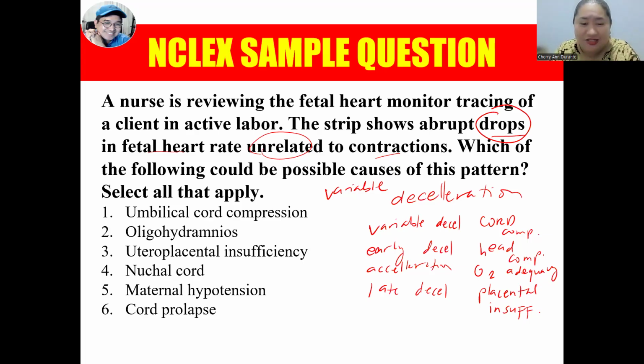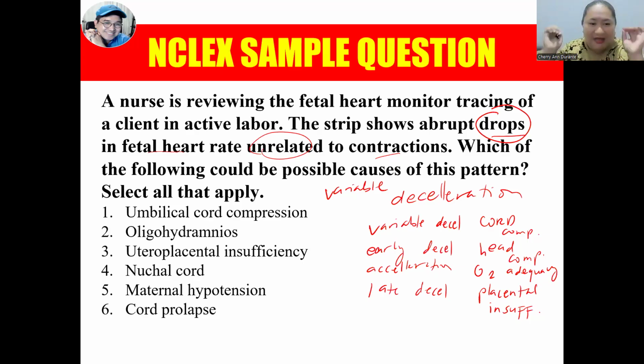So accelerations are normal. Late deceleration means that after the peak of contraction, that's the time that the fetal heart rate decreases, which means that there is a deficiency in the blood flow coming to the fetus after your contractions. Okay? So that's late deceleration. That's why it's placental insufficiency.